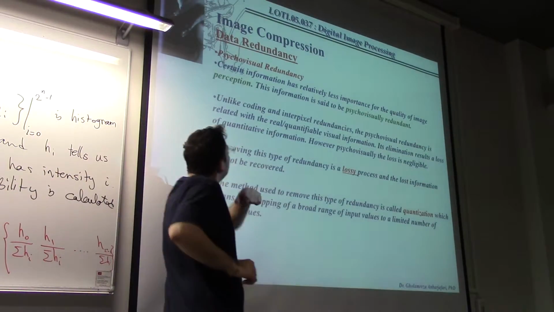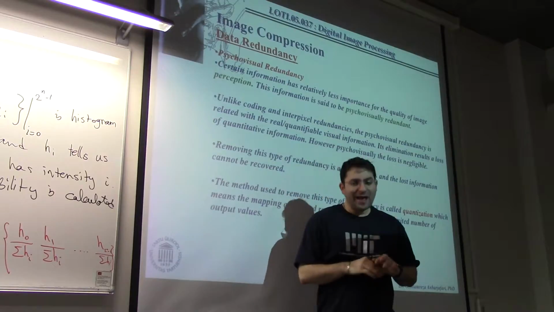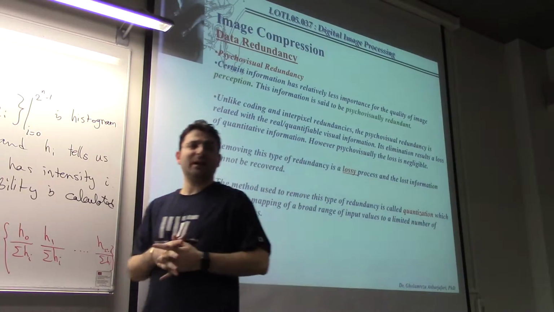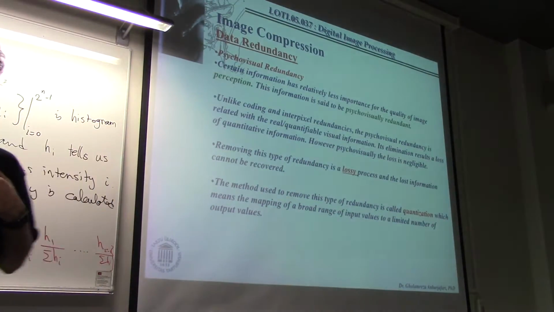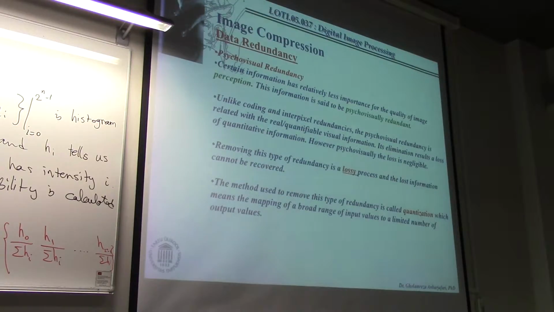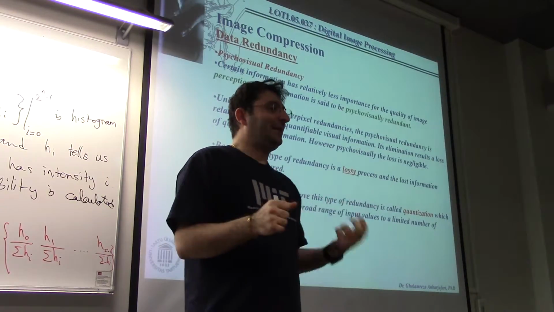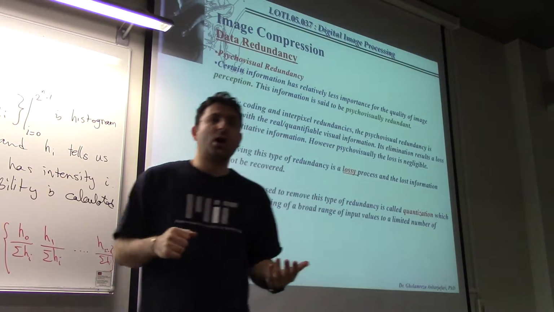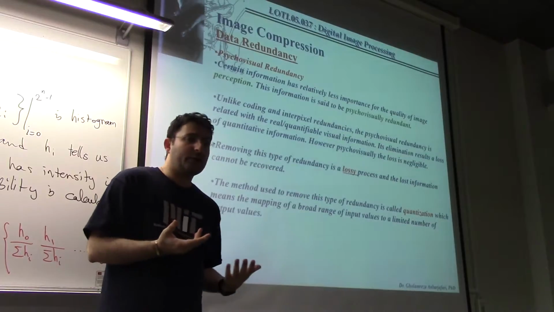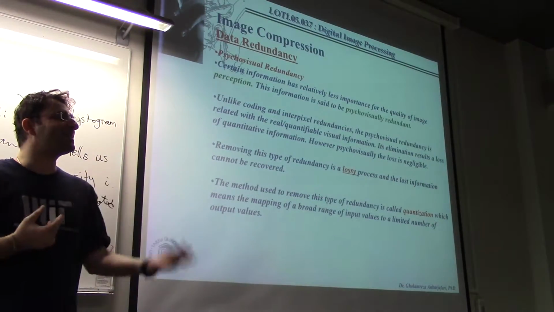Now, we are talking about psychovisual redundancy, and if you remember from the beginning of the course or from the previous course, in my lectures I usually use this term quite a lot, psychovisual. By psychovisual I mean that we have eyes, we are very blessed by having eyes, but our eye is not very sensitive.